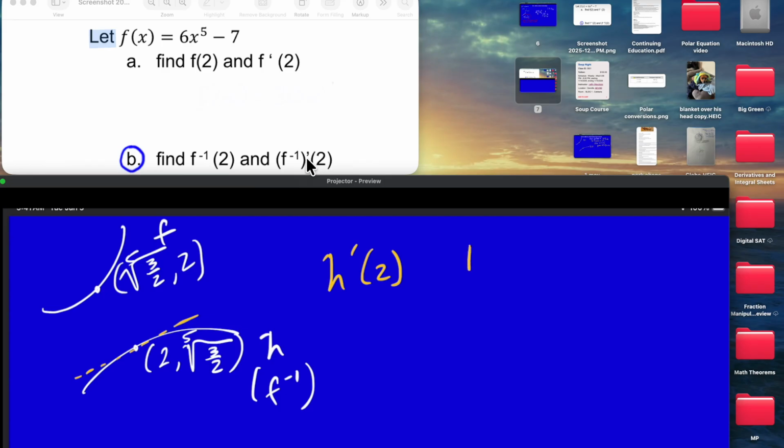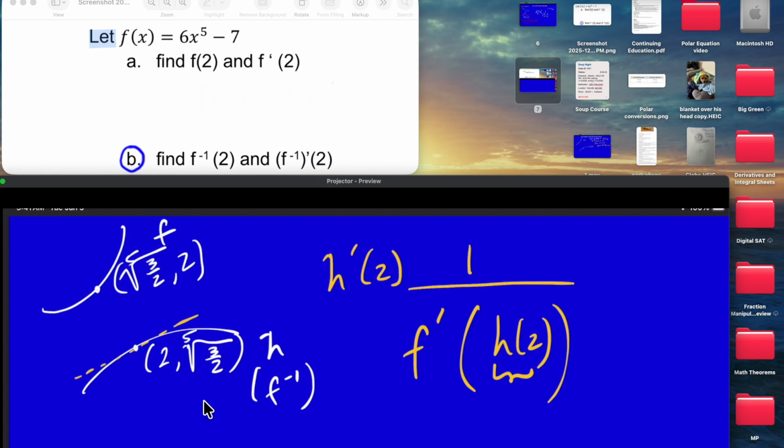So we're going to remember that's going to be 1 over f prime of the output at x equals 2. Okay, this is h of 2. So what is h of 2? H of 2 is this value here, which is the fifth root of 3 over 2.